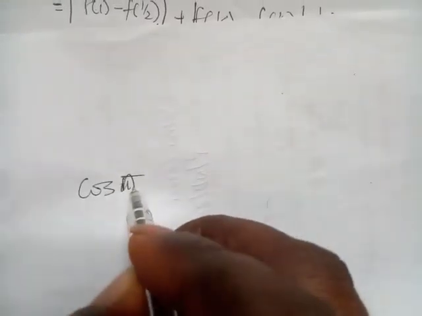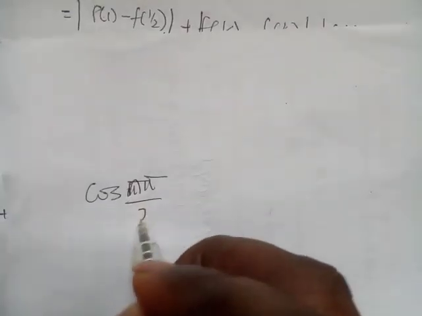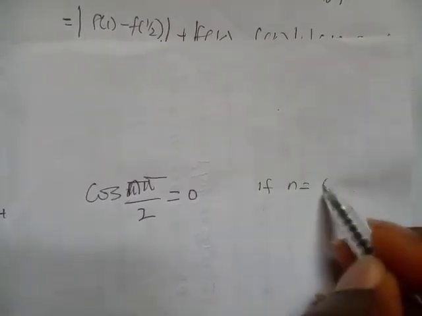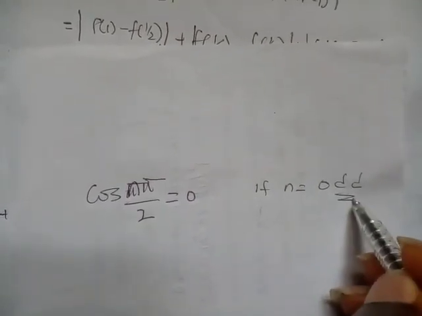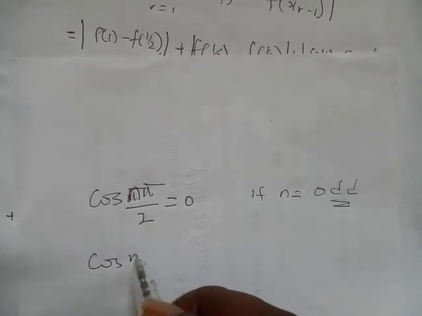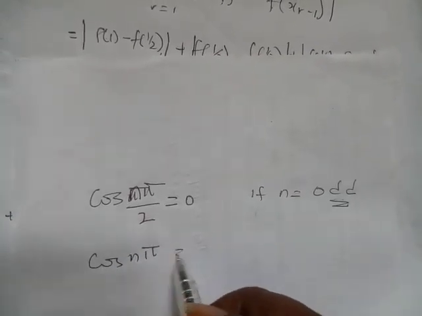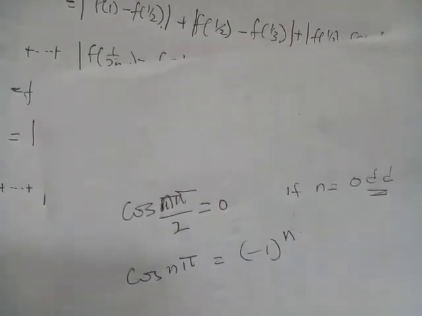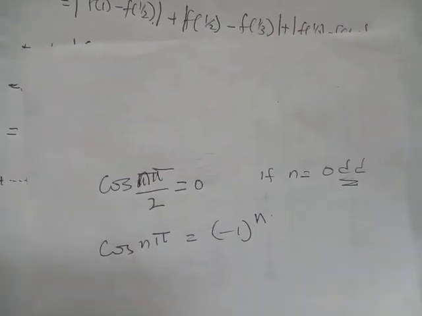But we know that cos 0... In fact, generally, let's take note of this. We know that cos of n pi over 2 will be equal to 0 if n is an odd number. And ordinary cos n pi will be minus 1 raised to power n, for all n.